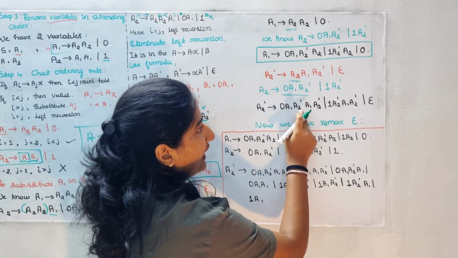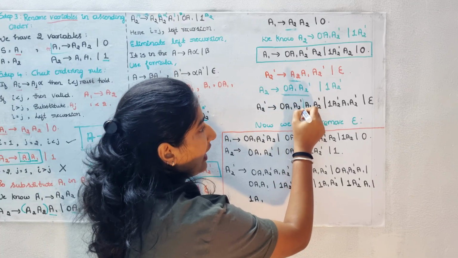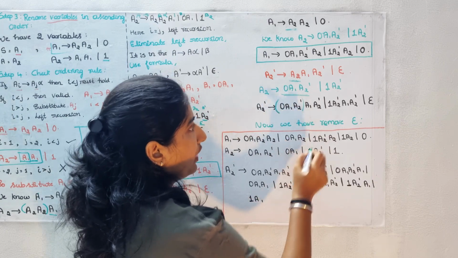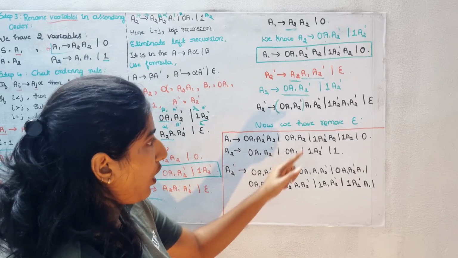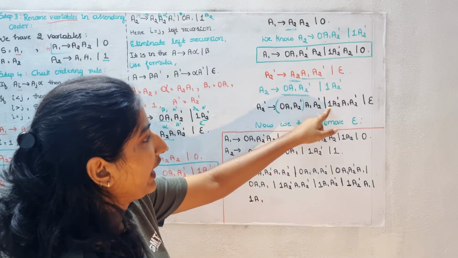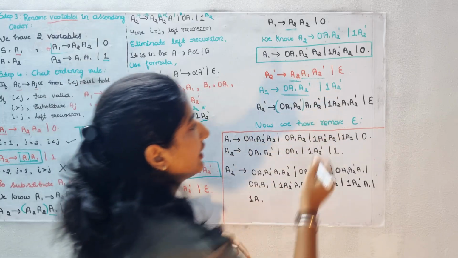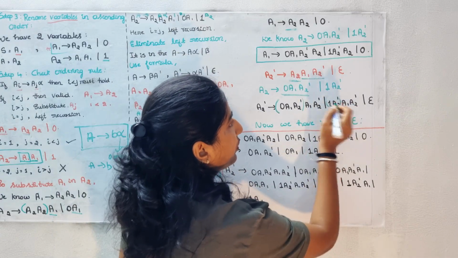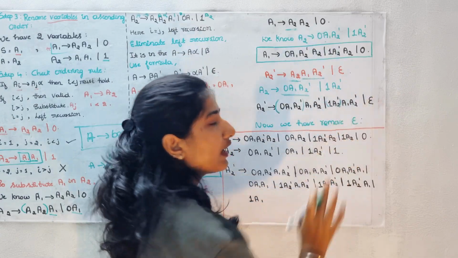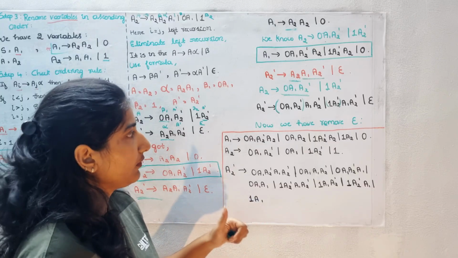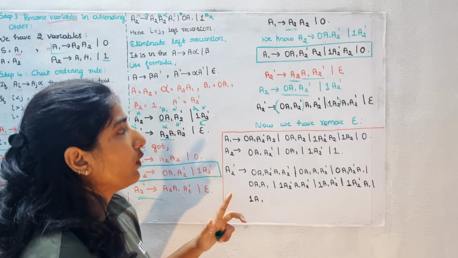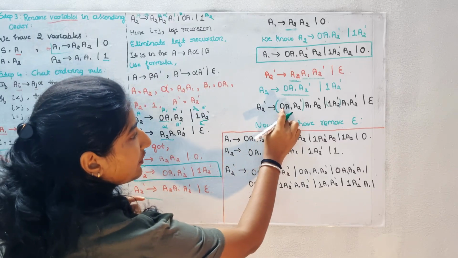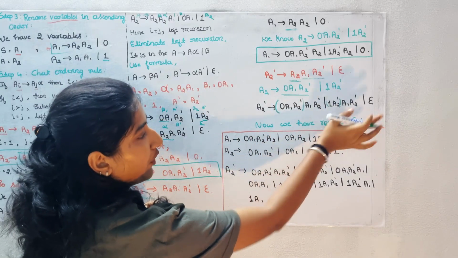So 0 A1 A2 dash, this is the value of A2 and then write this A1 A2 dash as it is, or substitute the value of A2, 1 A2 dash, this one value of A2 and then A1 A2 dash or epsilon. Done. So this is about A2 dash. Now it is converted into GNF form.